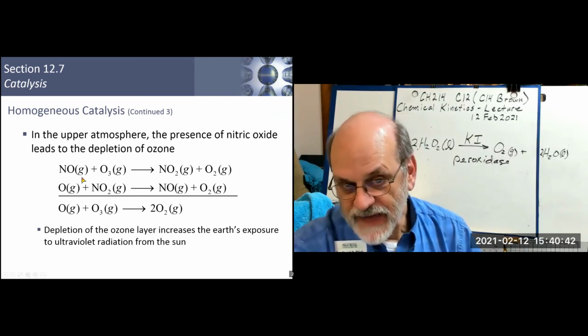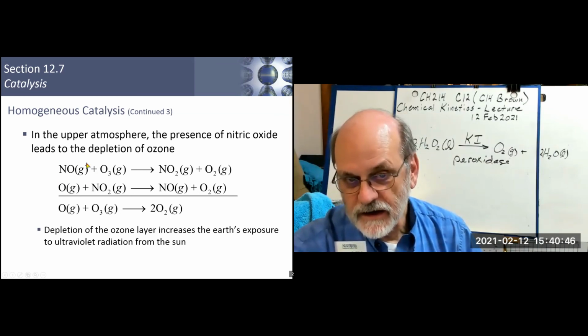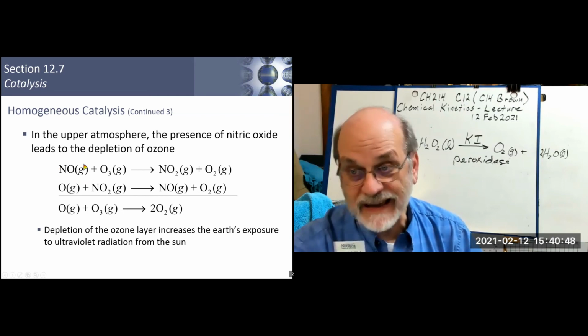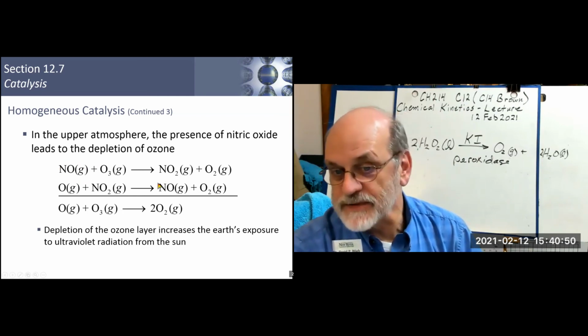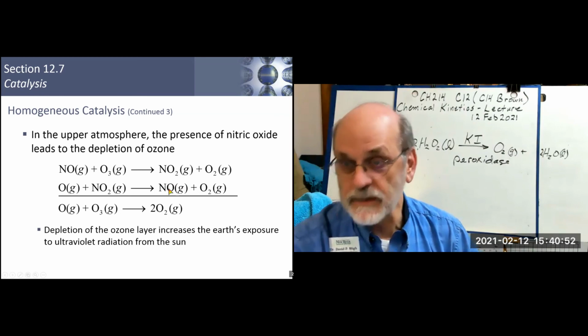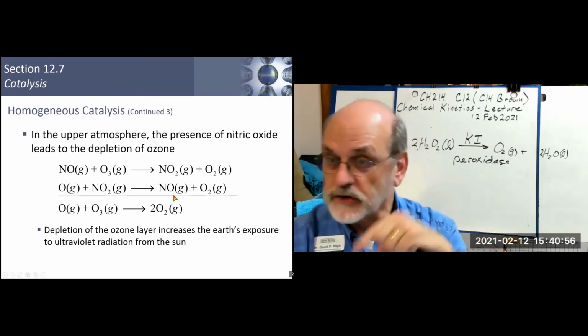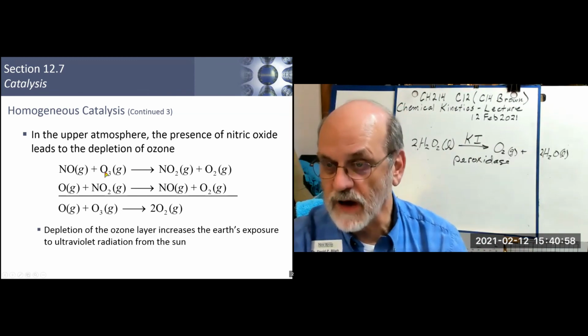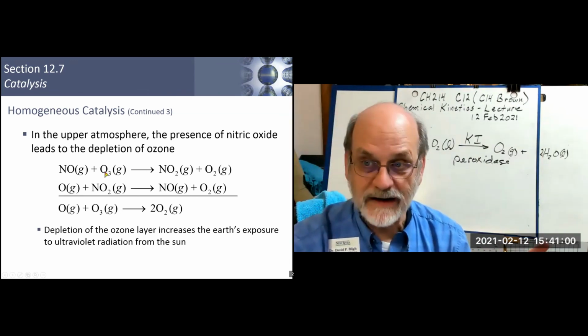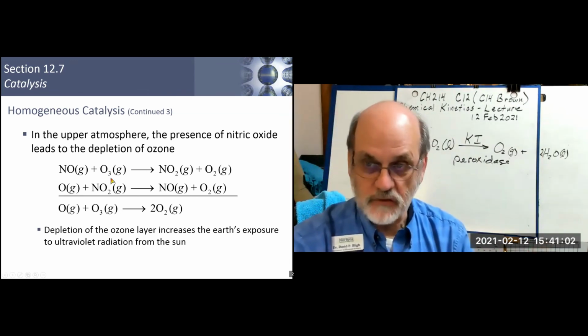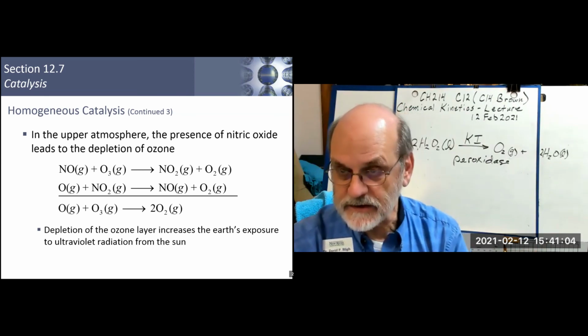Notice that this nitrogen monoxide goes into the reaction in this mechanism here, and it comes out over here, seemingly unchanged. That means it can go off and do it again with another ozone molecule. That's why it's so bad. It doesn't just react, it's a catalyst.